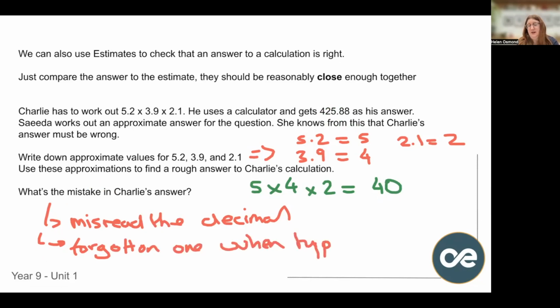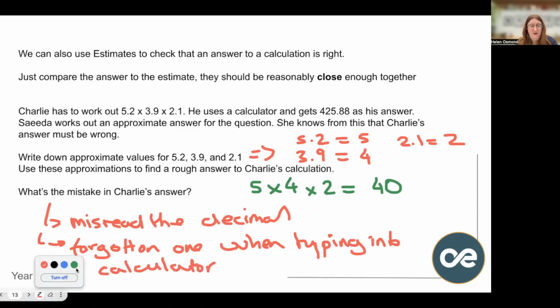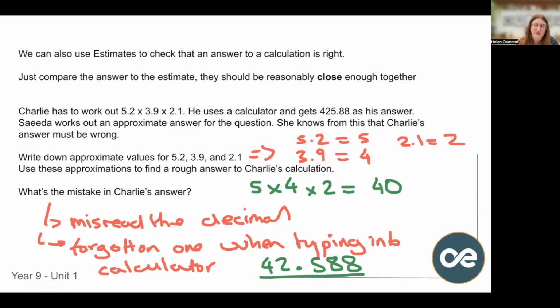Because hopefully we can see that if we know that the rough answer is 40, then the accurate answer is 42.588. He's just put the decimal place in the wrong place.